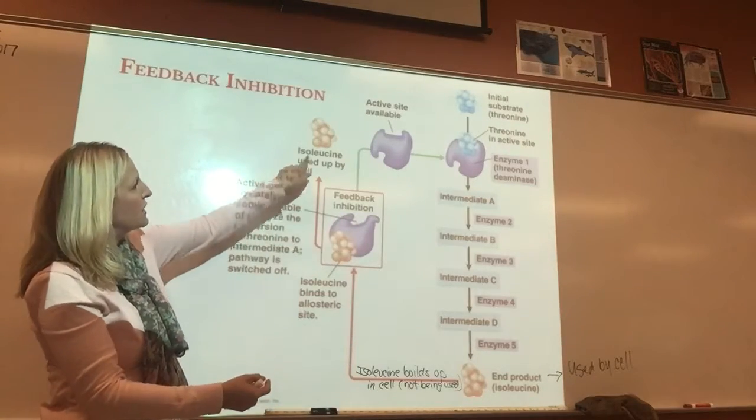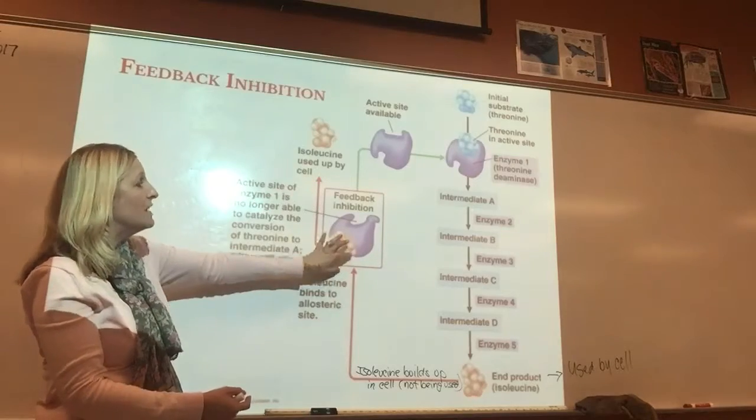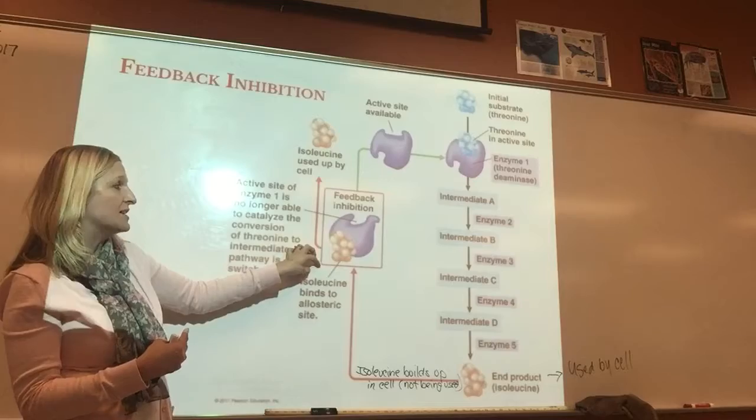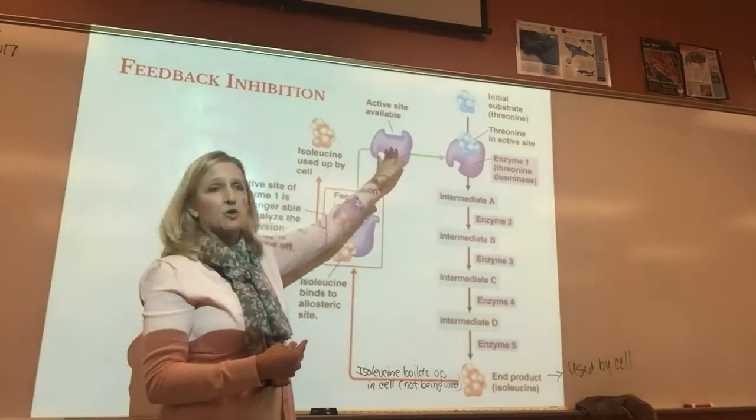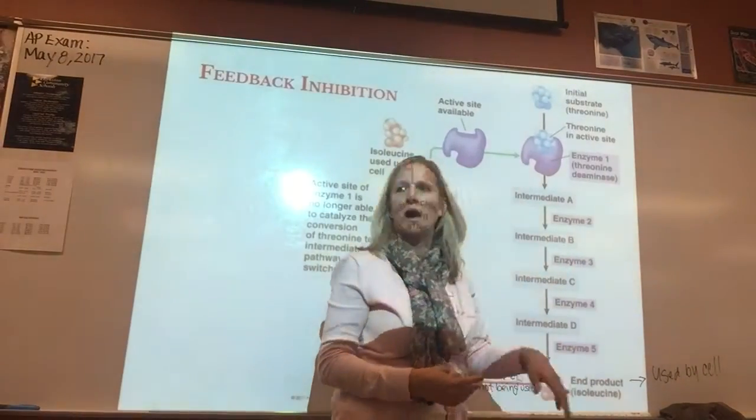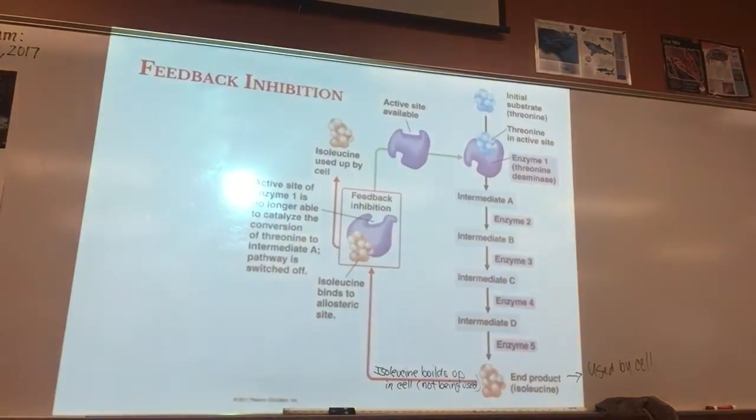That's what this is showing you here, isoleucine used up by the cell. So when it starts to be used again, it can come off the enzyme and be used. The enzyme goes back to its normal shape, and then it continues to make new isoleucine. And so it fluctuates back and forth between those.